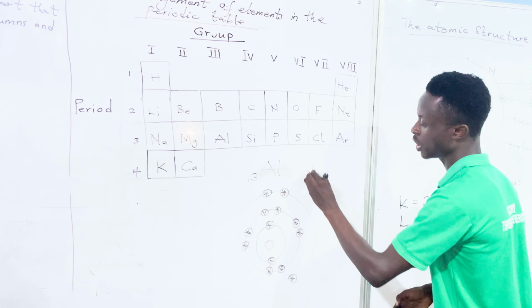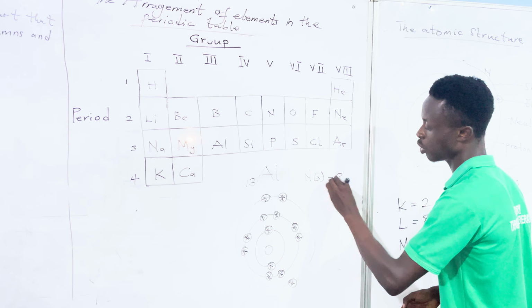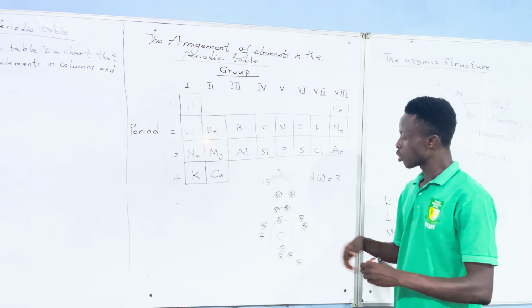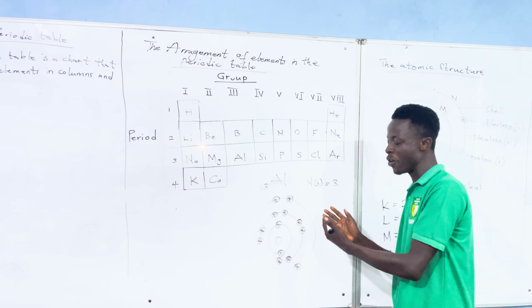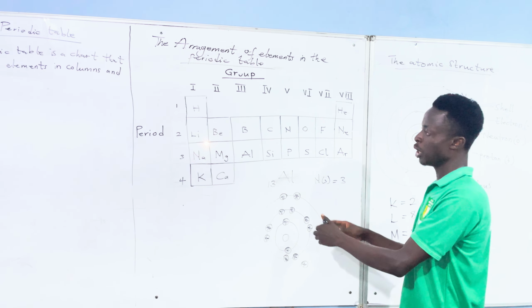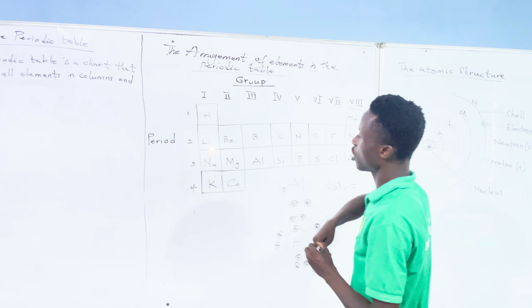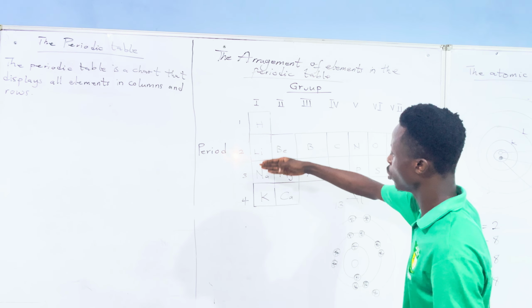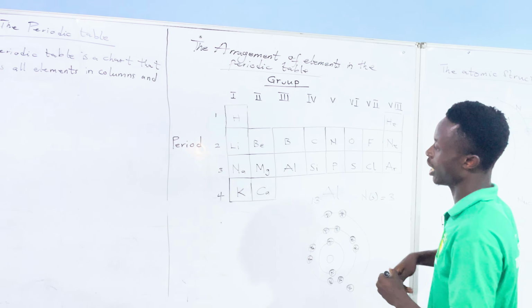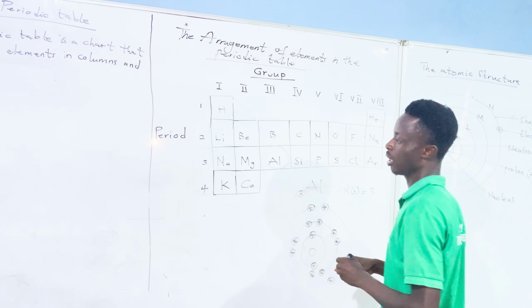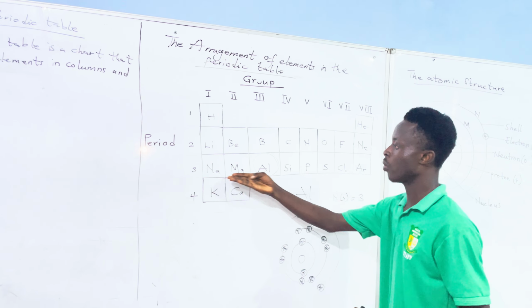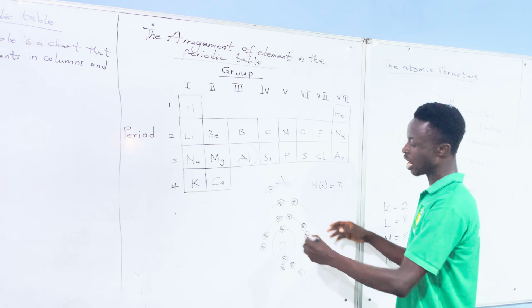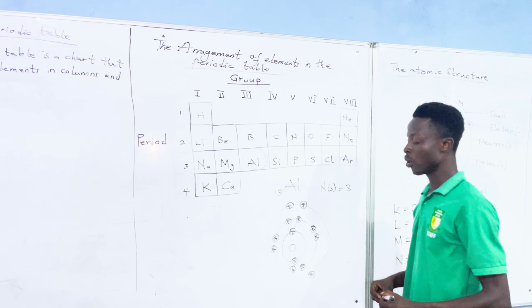So the number of shells is 3. These 3 shells tell you the period of aluminium. So let's go to the periodic table and look at period 3. 1, 2, 3. Can we find aluminium here? Yes, aluminium is here. So aluminium is on period 3. That is how we find the period of an element using its electronic configuration.